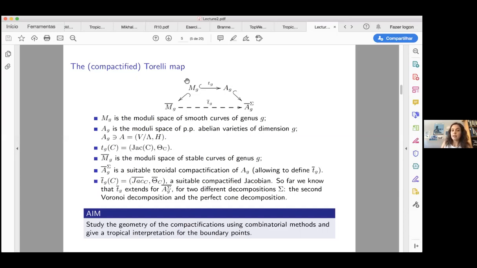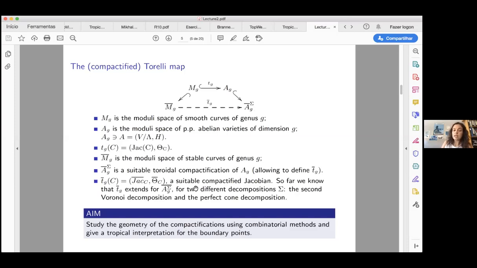Having this map and its properties in classical geometry really is a very, very fruitful tool to study both curves and abelian varieties. So of course, it's interesting to understand if this is the case.